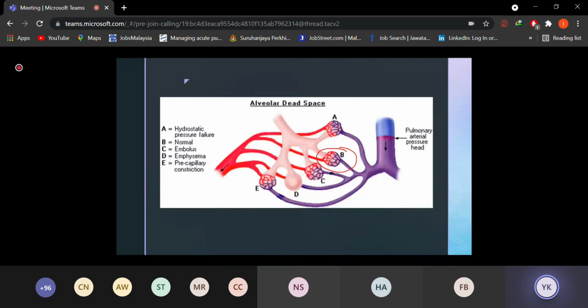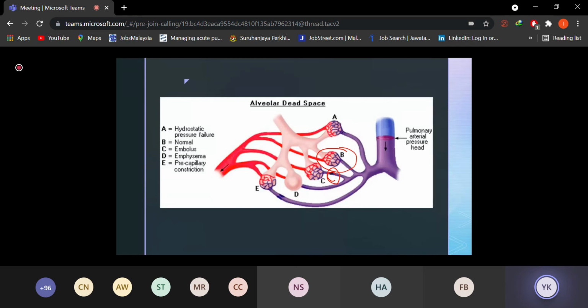C, there is an embolus. That is a blockage in the pulmonary blood vessel, so the perfusion fails. And D, take a look, emphysema: there is no blood vessel at all at the alveoli, so this one is totally alveolar dead space.